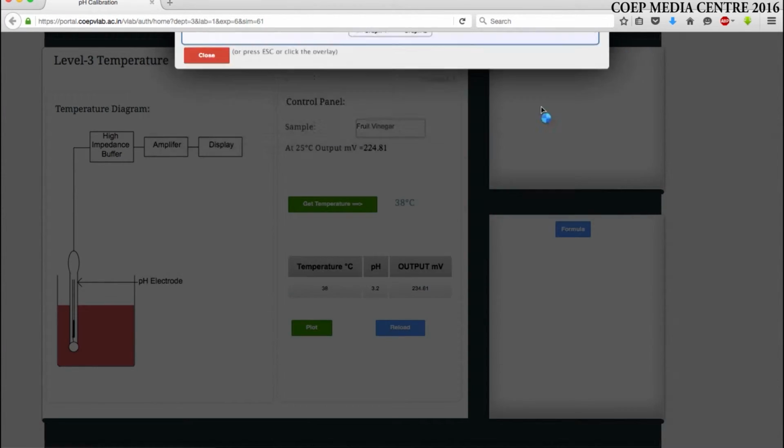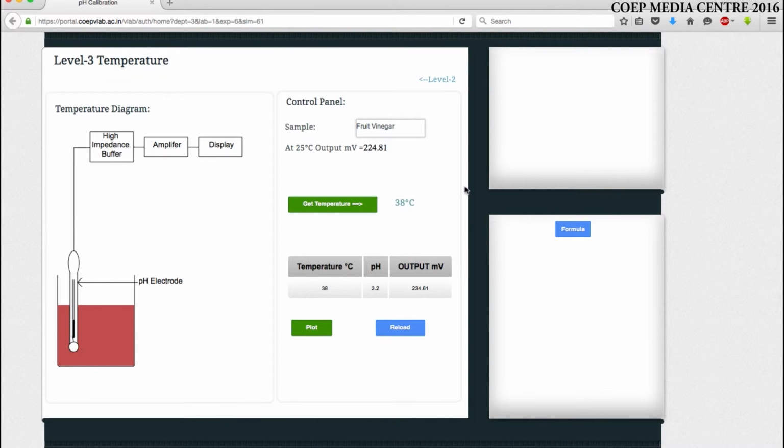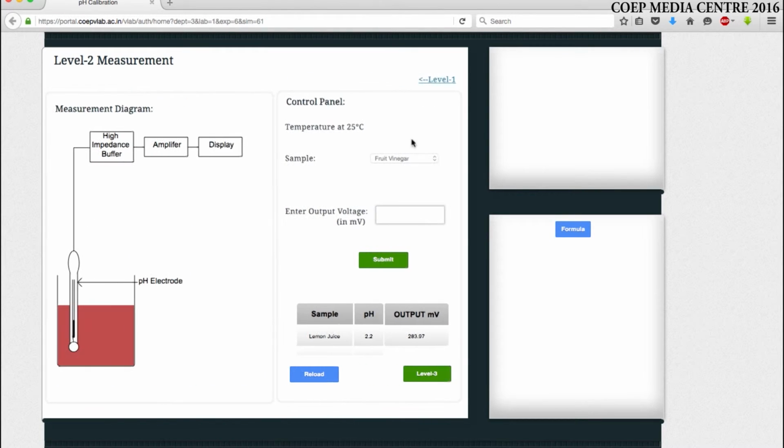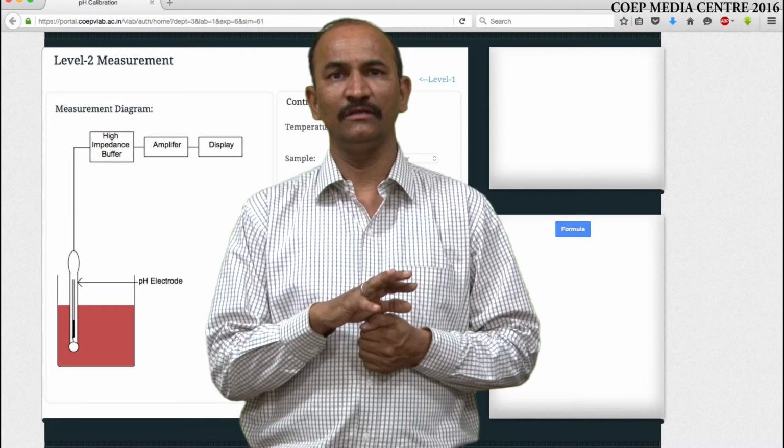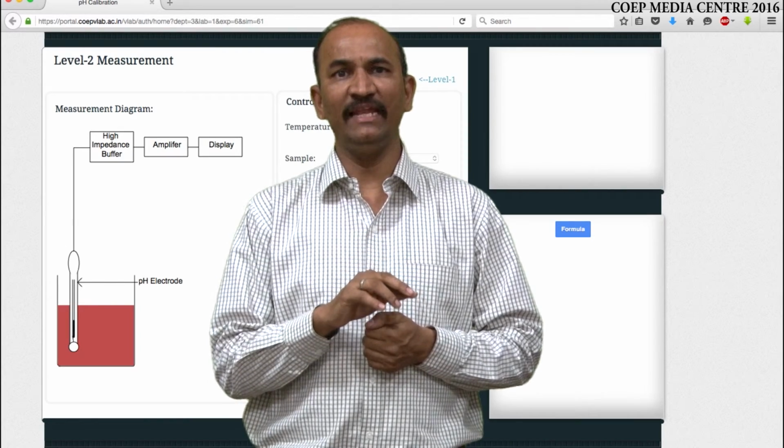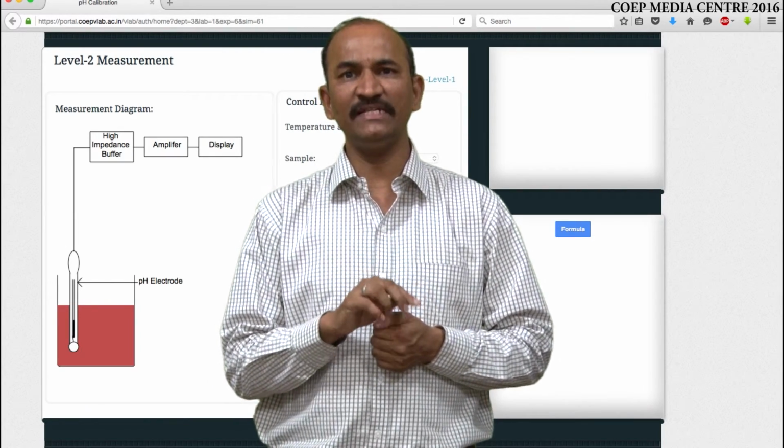You can close this, and then you can go back and perform the experiment for some other liquid or sample also. So in summary, in level 1 we calibrated the pH sensor.